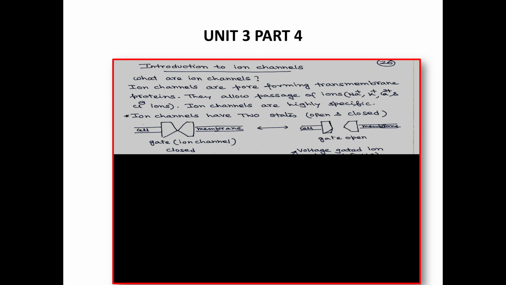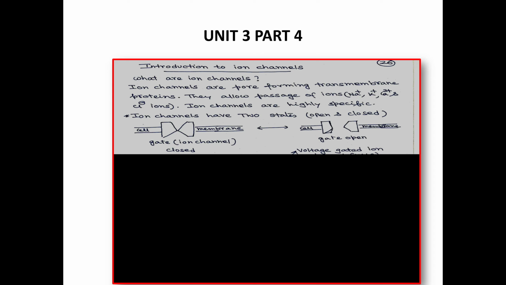There are various channels for the movement of ions, like sodium ion, potassium ion, calcium ion, chloride ion. So they can go inside the cell, otherwise they can go outside the cell through the ion channels.